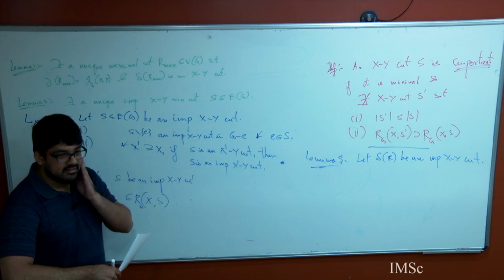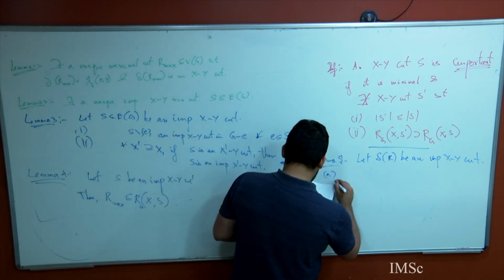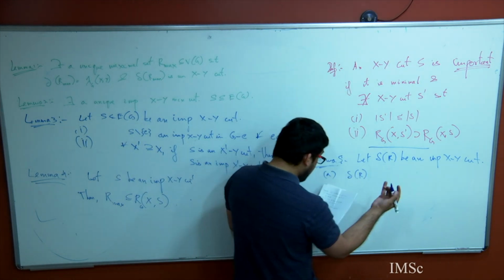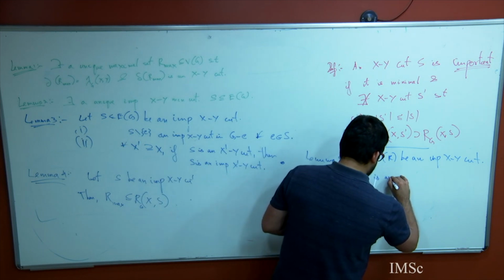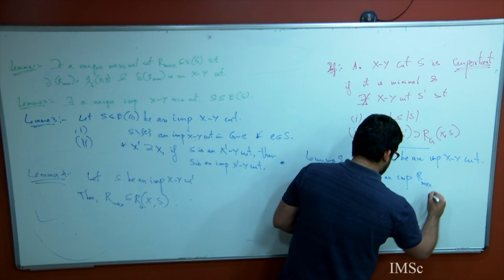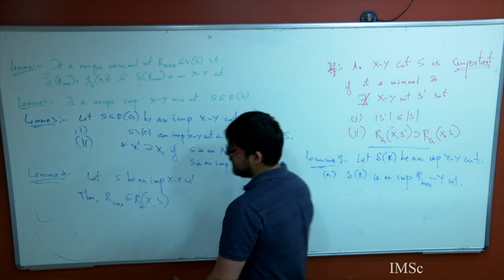Is this fine? Right, so then I'm going to claim that the following things hold: delta R is an important R max to Y cut.